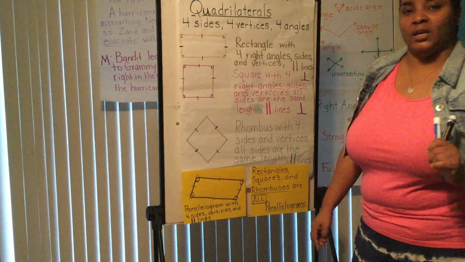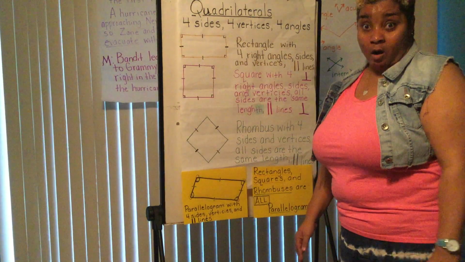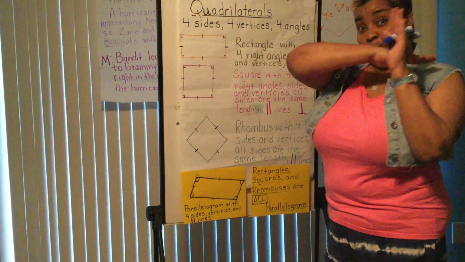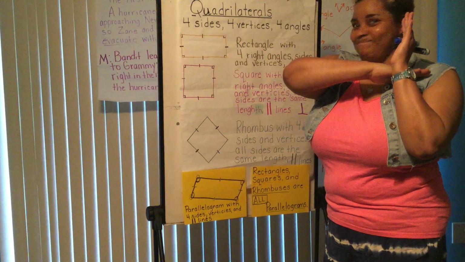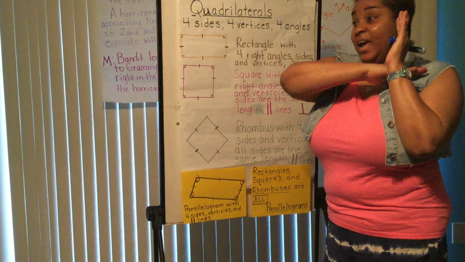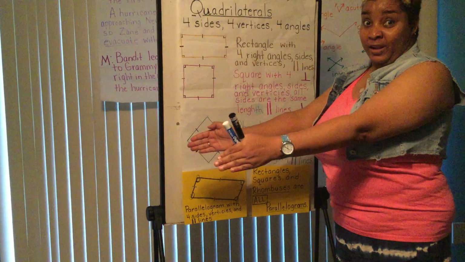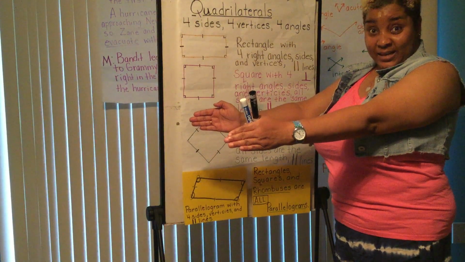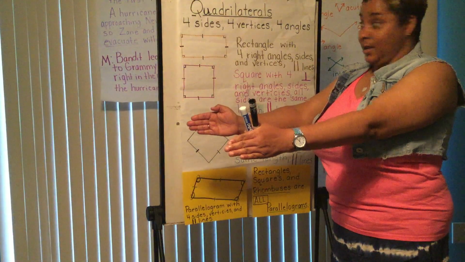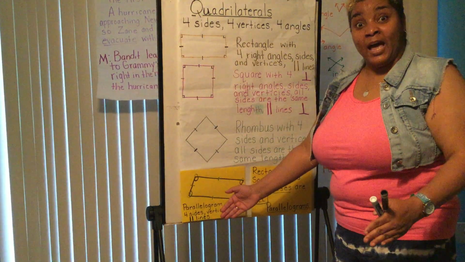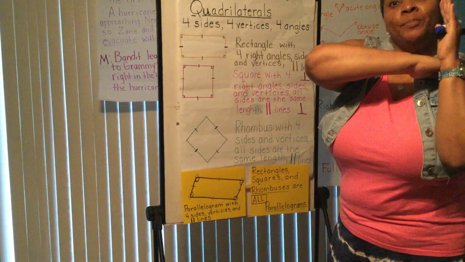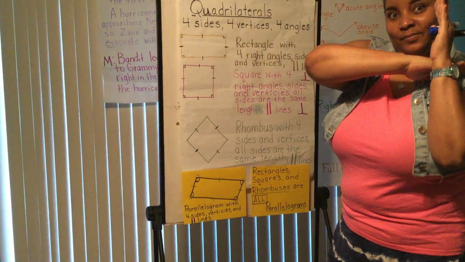Can I describe them all as perpendicular? Can I say that all of them have parallel lines? Yes. All of them have parallel lines, but not all of them are perpendicular.